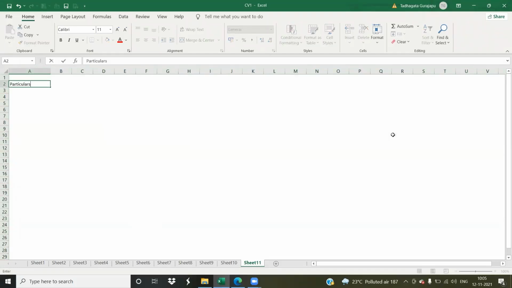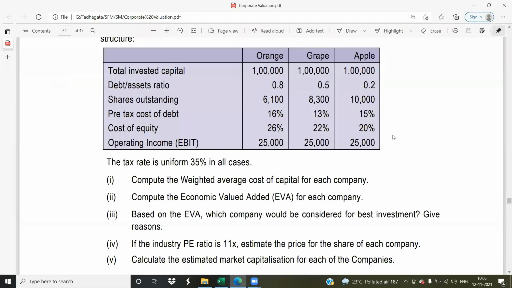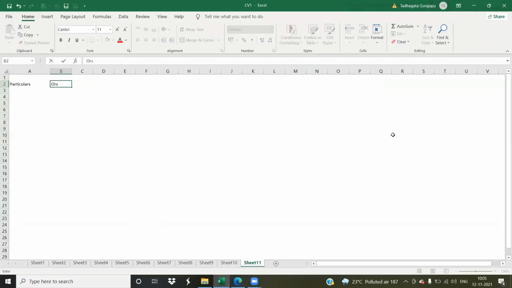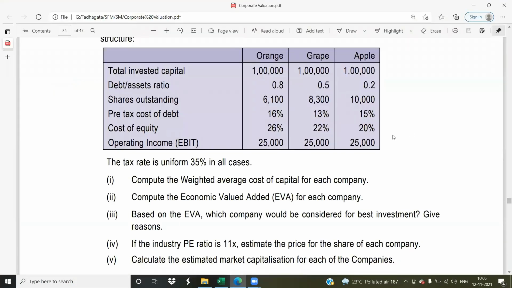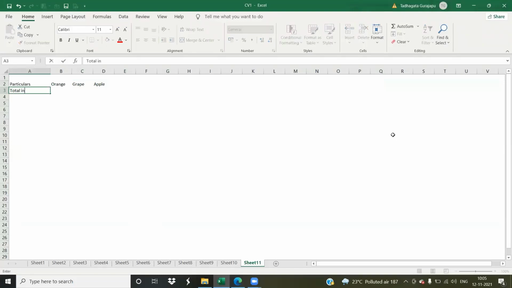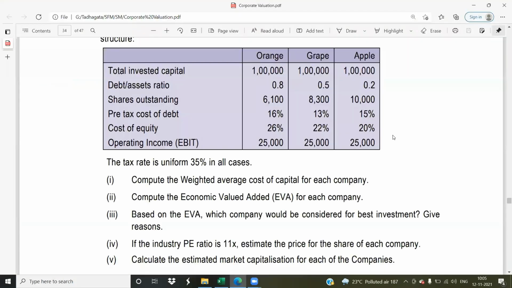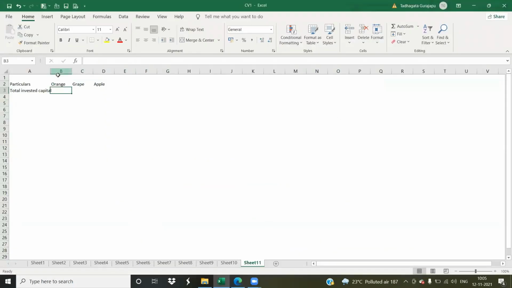Particulars: orange, grape, apple. Total invested capital, 1 lakh for all three cases.